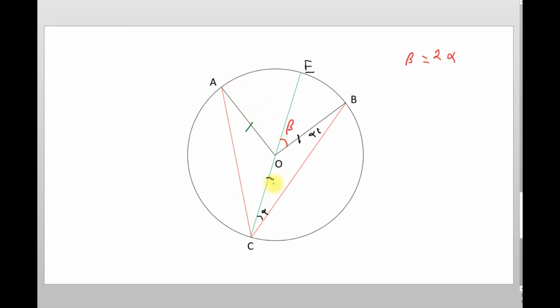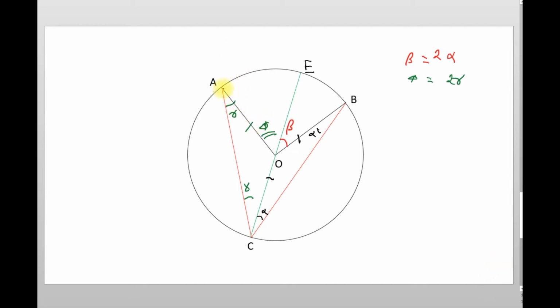Therefore, AOC is an isosceles triangle, and this angle here, let's call this gamma, is equal to that angle. Now, this angle here, phi, sorry, using all these Greek letters, this is an exterior angle in the triangle AOC and is equal to the sum of the other two angles. So phi here will be equal to 2 gamma.